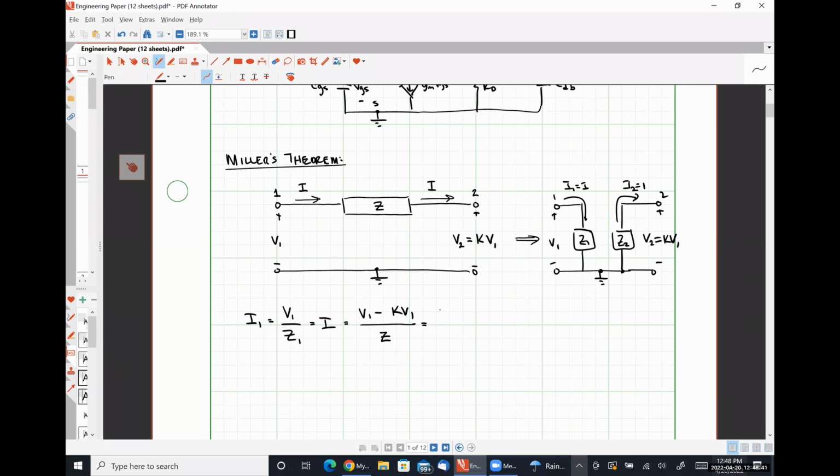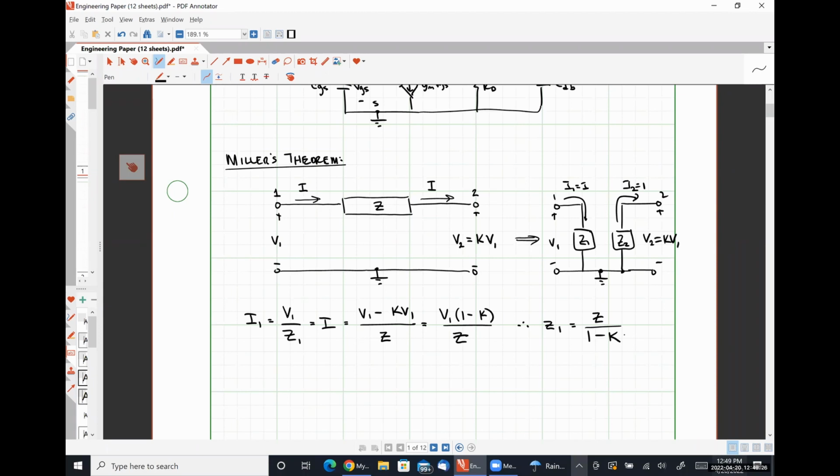So this is going to be V1 times a factor of 1 minus K over Z. And from this, the impedance Z1 must then simply be our floating impedance Z divided by a factor of 1 minus K. So an impedance of Z1 is equal to Z over 1 minus K causes this impedance to literally draw the same amount of current away from node 1 while keeping this voltage V1 to be the same thing. So it's electrically equivalent, right?